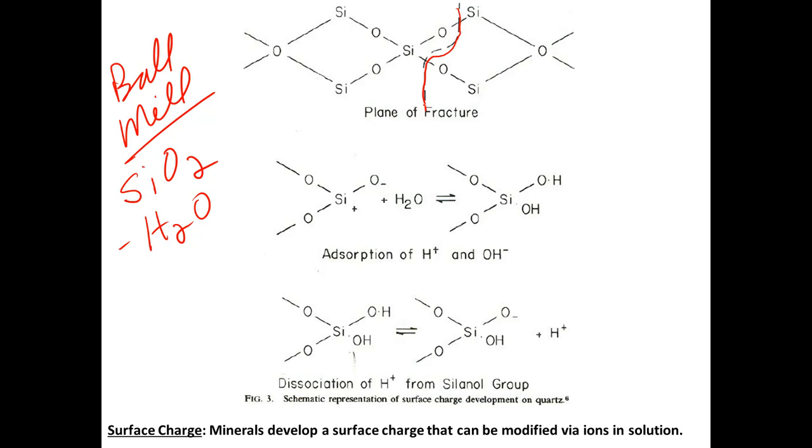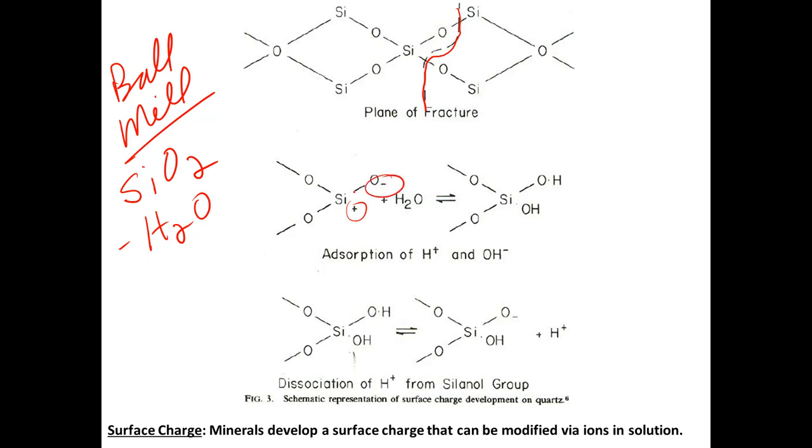So we're going to create new surface area, and in that process we're also going to create broken bonds, which result in surface charge on the newly created surface. So we've got a cation here associated with unsatisfied silicon on the surface.